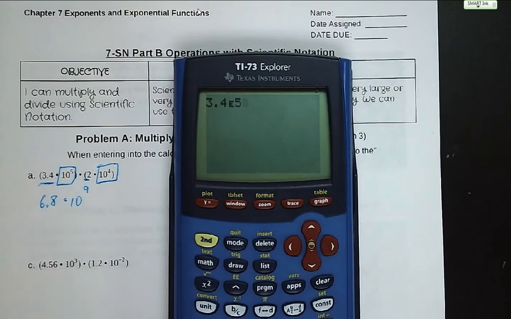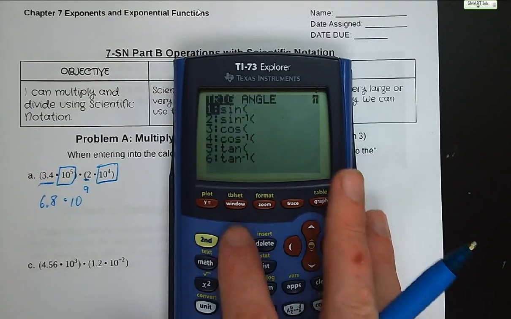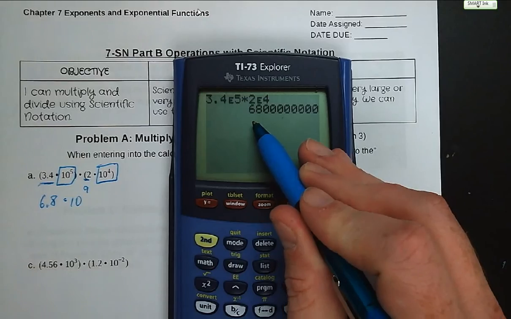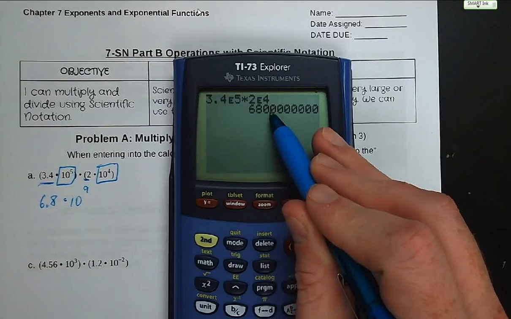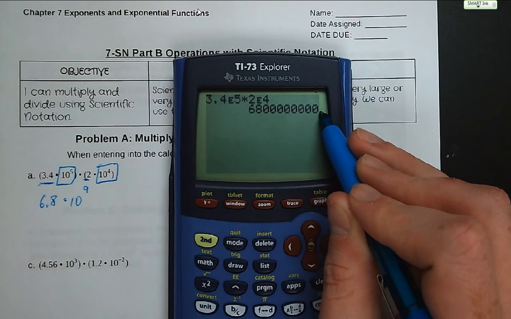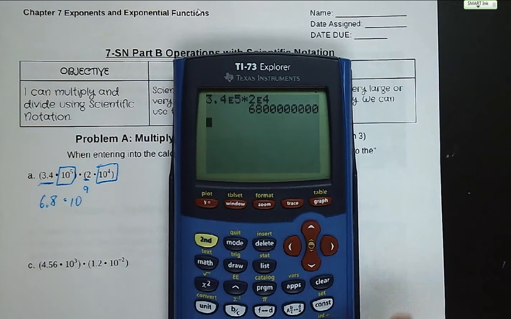So 3.4e5 is 3.4 times 10 to the 5th. We multiply that times 2 times 10 to the 4th. And our calculator gave us our number in standard form, not scientific. So we go 1, 2, 3, 4, 5, 6, 7, 8, 9: 6.8 times 10 to the 9th.